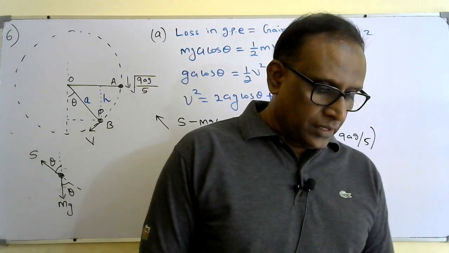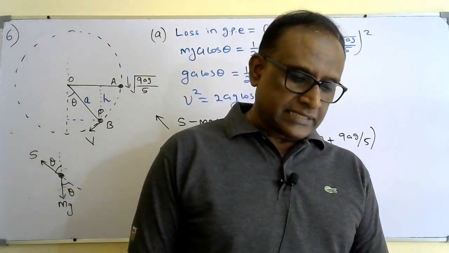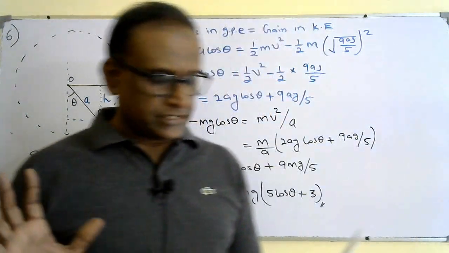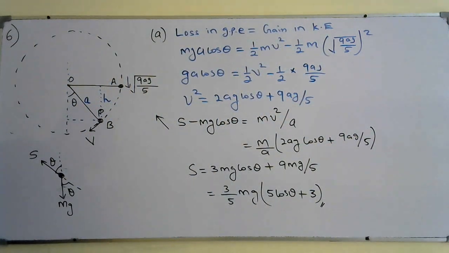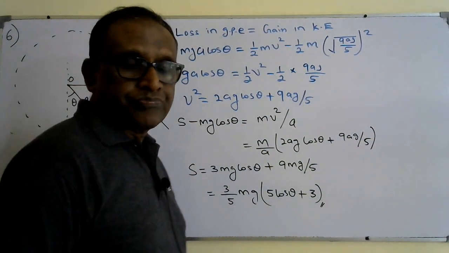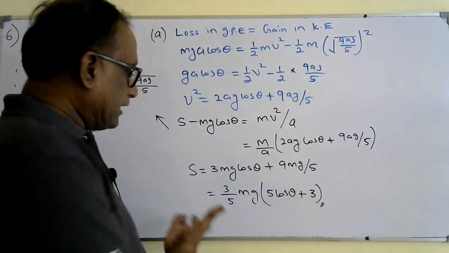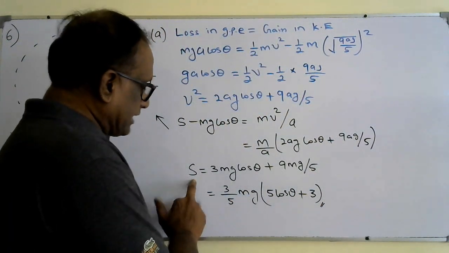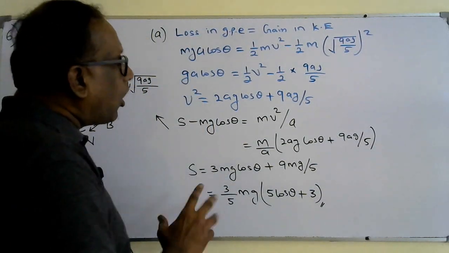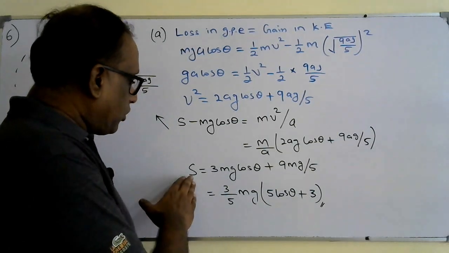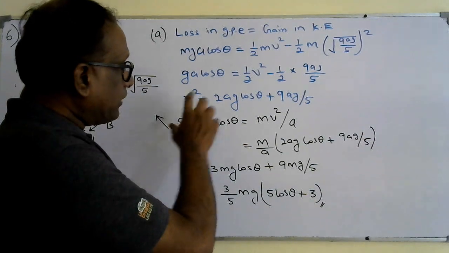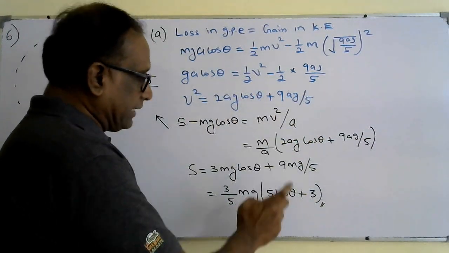Now B part. At the instant when the string becomes slack, the speed of P is V. Show that V equals square root of 3ag over 5. For that, when the string slacks it means S equals 0. We can use the general equation in terms of theta. We already got the expressions for both S, the tension, and v squared in terms of theta.